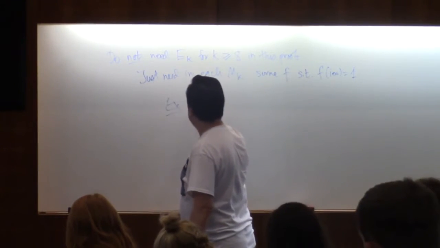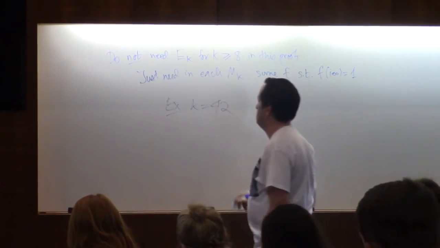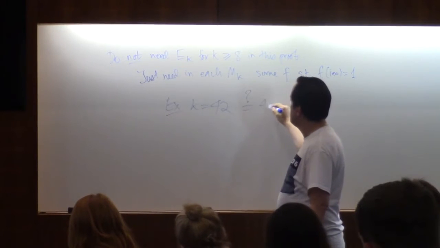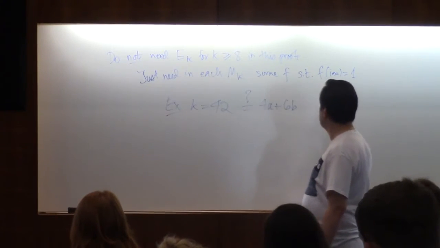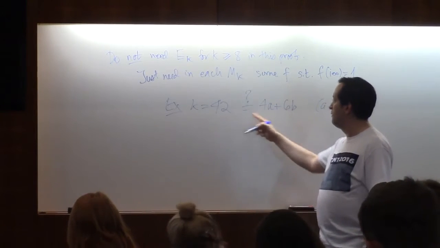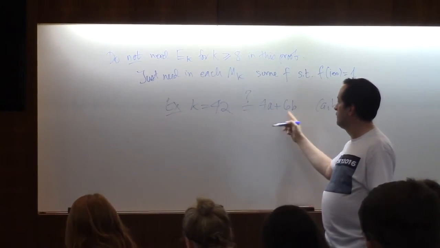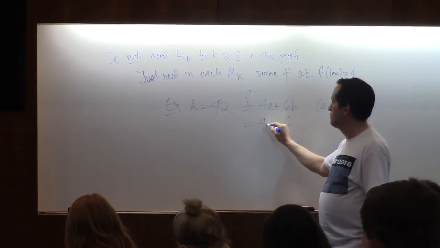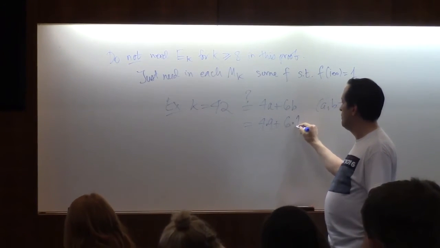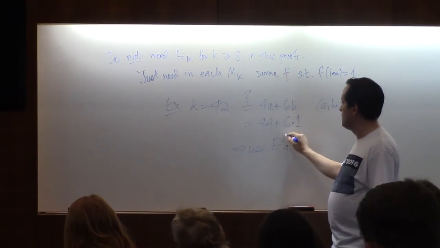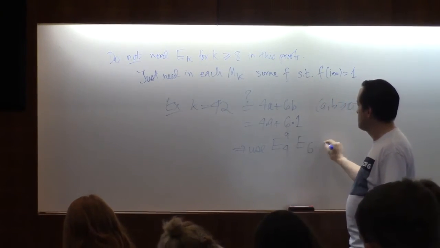So for example, take k equal 42, then all I have to do is write this as a multiple of 4 plus a multiple of 6 with non-negative coefficients. And since it's not divisible by 4, that means it's 2 mod 4. So if I just subtract 6 from that, I get 36. So I get 4 times 9 plus 6 times 1. And so I could use E4 to the 9 times E6.